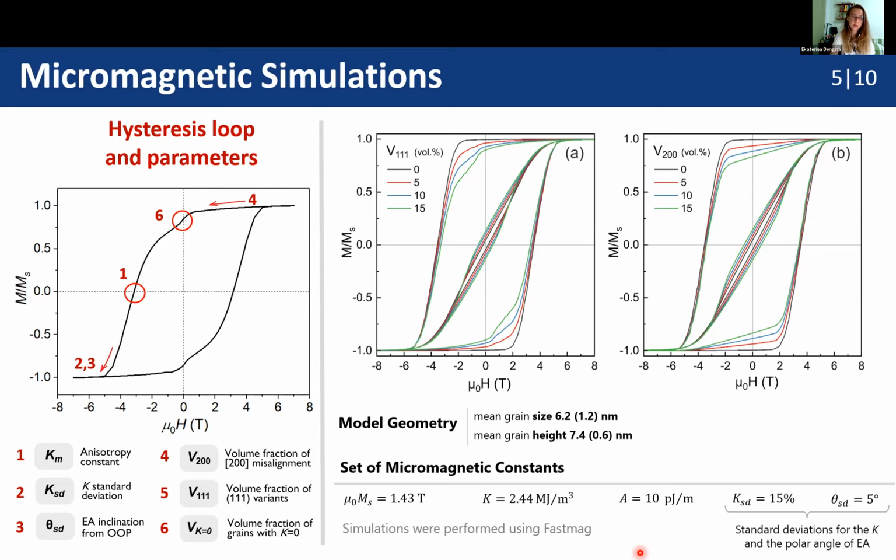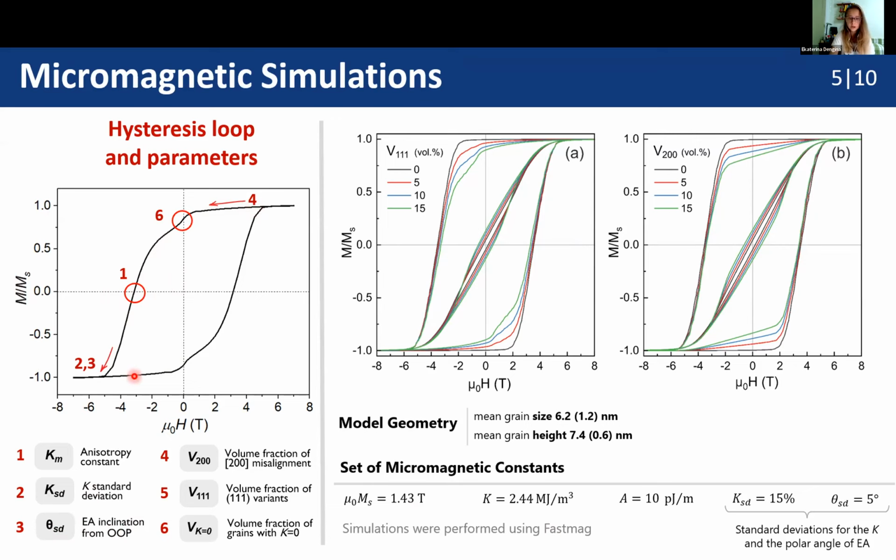And their influence may be seen on the hysteresis loops. For example, coercivity is dependent on the value of the magnetic anisotropy constant. Standard deviation of the magnetic anisotropy constant, as well as inclination of the easy axis from the out-of-plane direction, deteriorate the squareness of the loop.